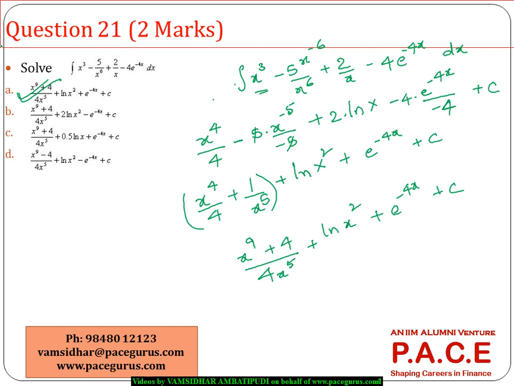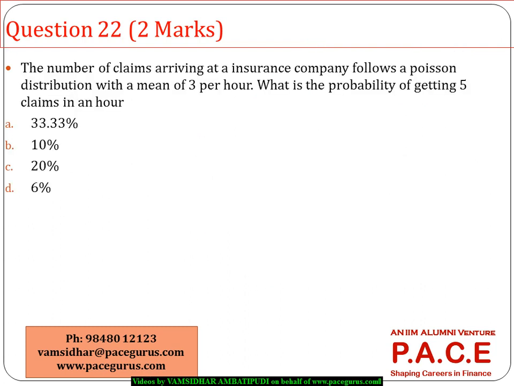All right. Let's move on to the next question. The number of claims arriving at an insurance company follows a Poisson distribution with a mean of 3 per hour. What is the mean of a Poisson distribution?